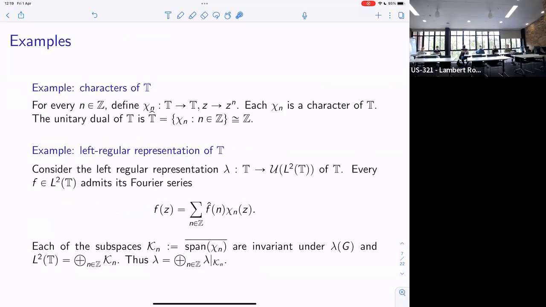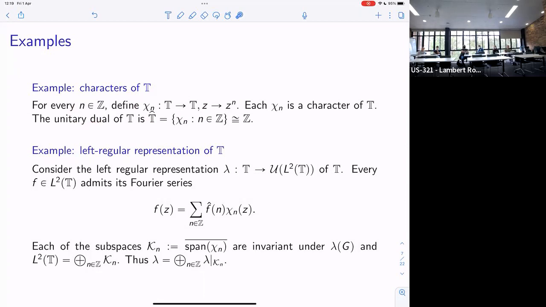And I'll just give a few examples, partially to motivate what I'm going to say next. So in the case of the locally compact abelian group, the torus, we get a character from each integer n, which is just the continuous homomorphism of the torus that maps a complex number z to its nth power.